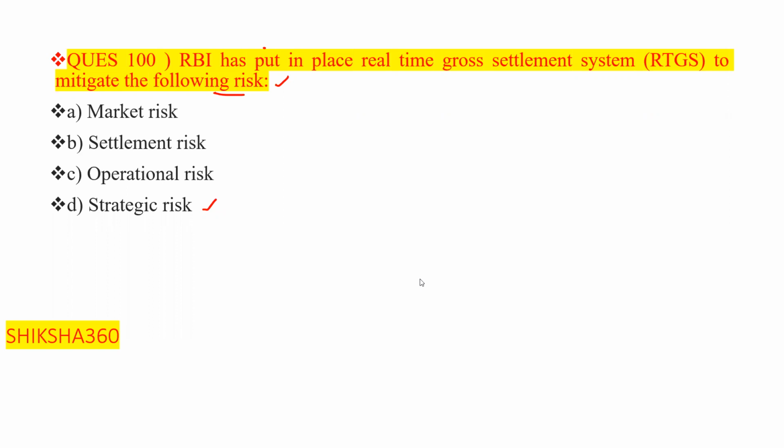The first option is market risk. Second one is settlement risk. Third one is operational risk. Fourth one is strategic risk.